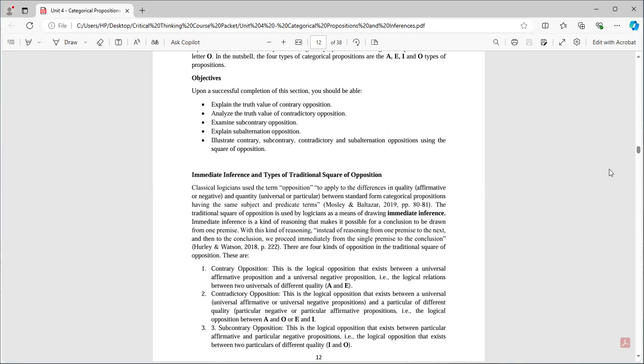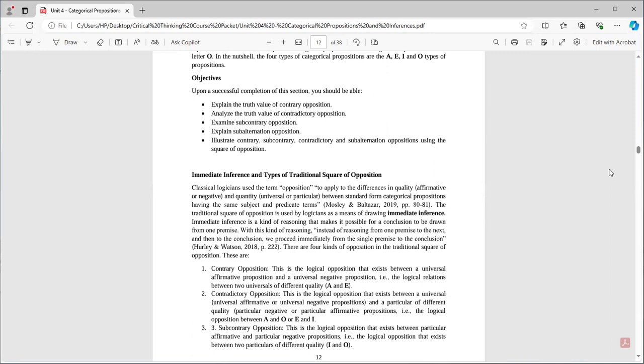Two universal propositions of different quality. Quality means affirmative or negative. And we have only two universal propositions: one is universal affirmative, the other is universal negation.